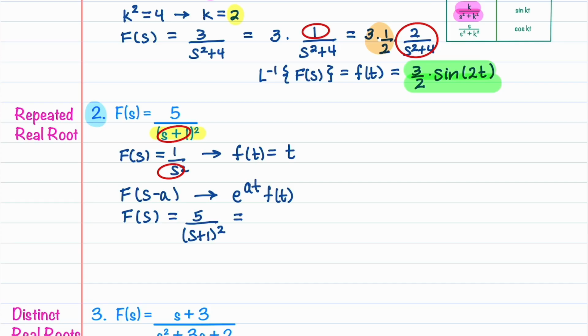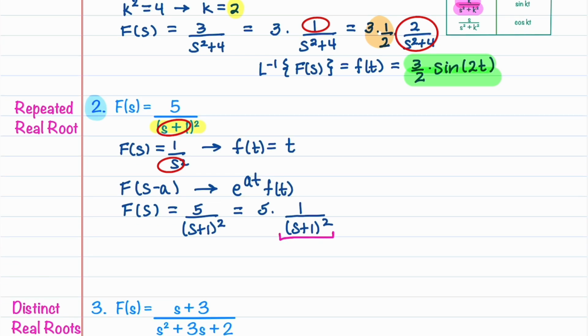We're going to pull out the constant and write this as 5 times 1 all divided by s plus 1 squared. This is our F of s minus a. If we set s plus 1 equal to s minus a, we can see that a is equal to minus 1.